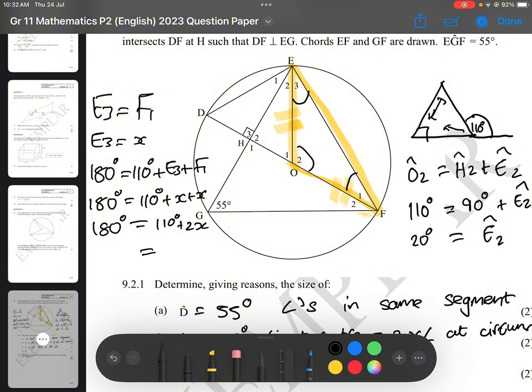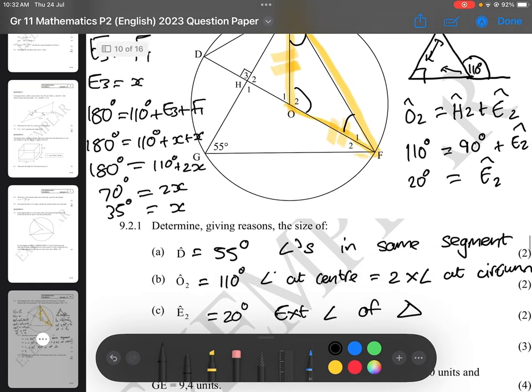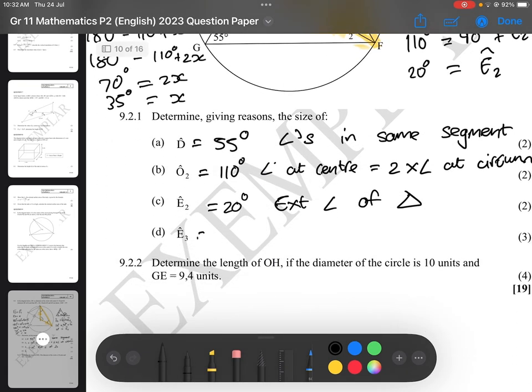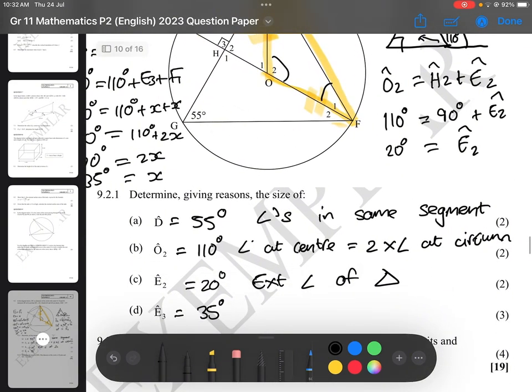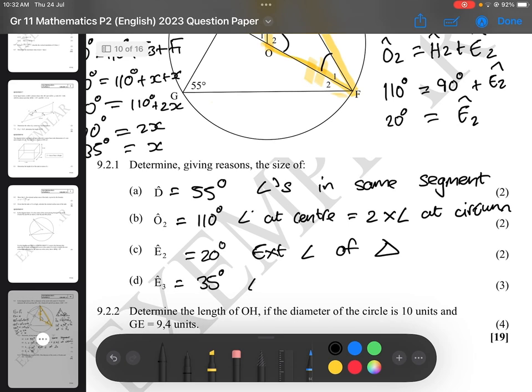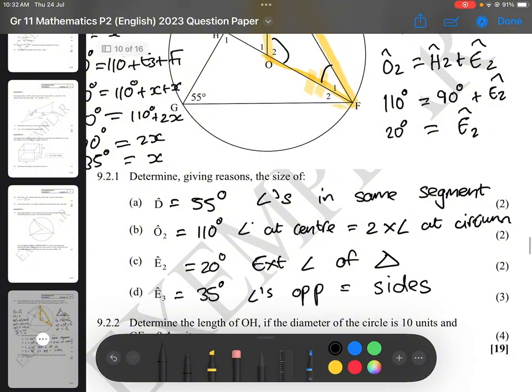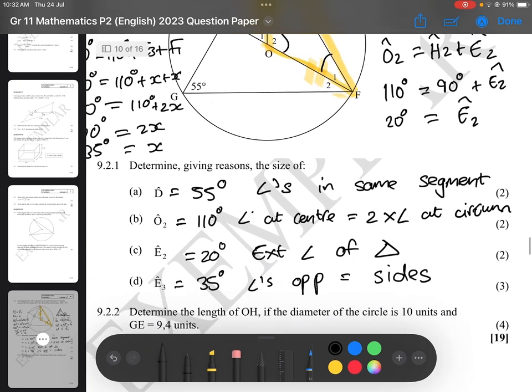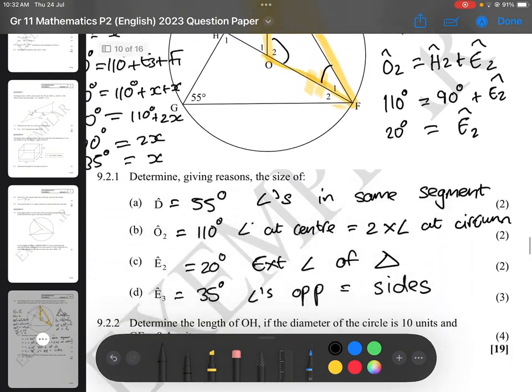Therefore, I have 70 is equal to 2X. Therefore, X is equal to 35 degrees. So I know E3 is equal to 35 degrees. And my reasoning would be angles opposite equal sides. I think you do have to have two separate reasonings. But okay.